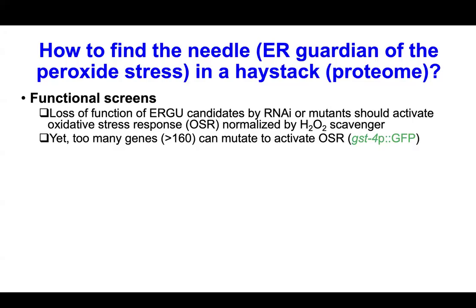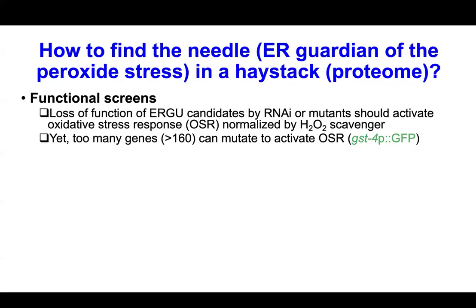If you mess up mitochondria, mess up the NADH oxidase, or even disrupt the heme trafficking in C. elegans, you have a strong activation of the oxidative stress reporter.